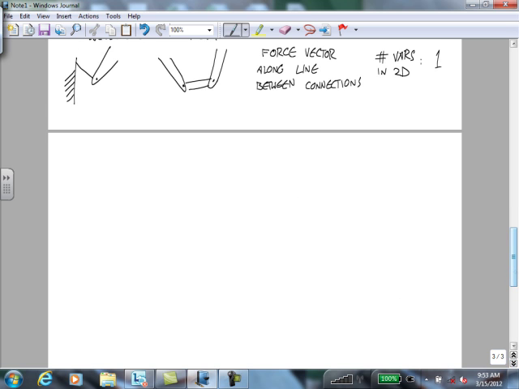For that second type, any questions? Maybe I don't want to race through this too fast, but I know you guys have seen this kind of stuff before. Okay, so for the second type, say you have a pin that slides along this slot. And let's say this is member 1 and this is member 2.